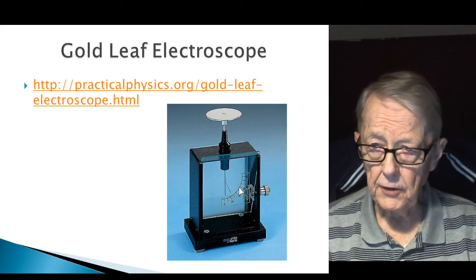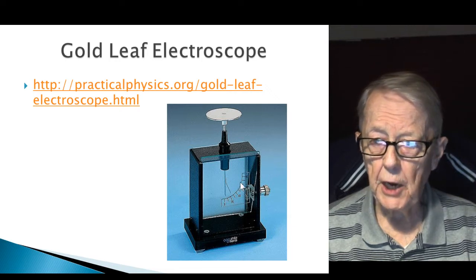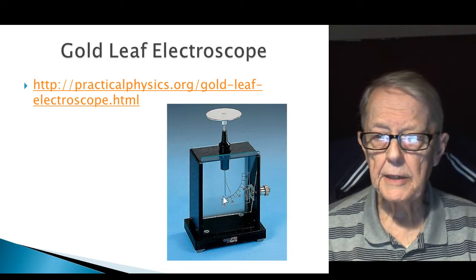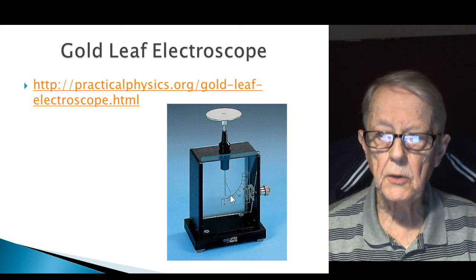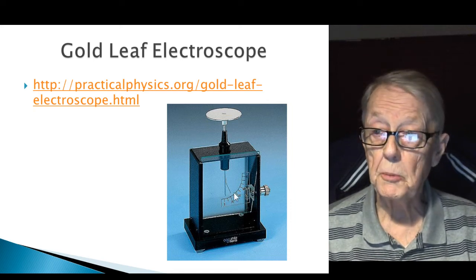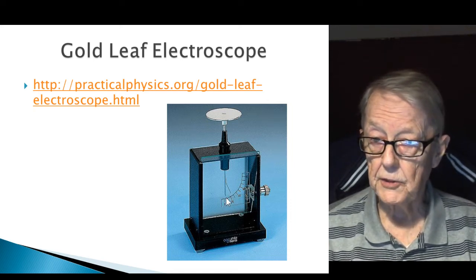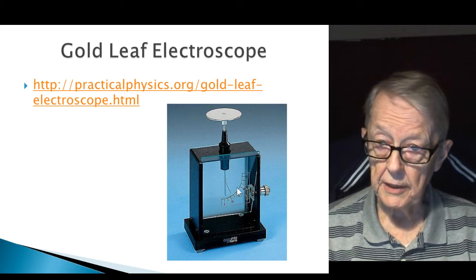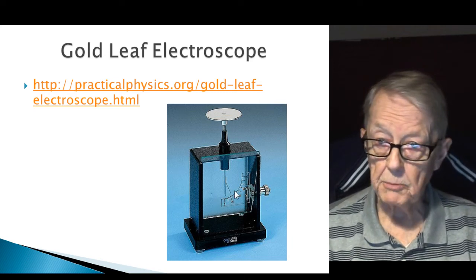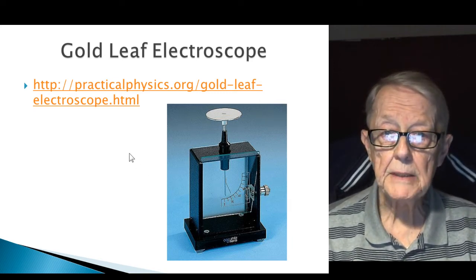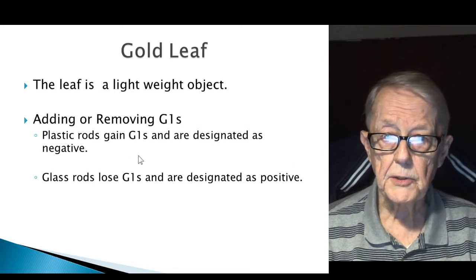And you can sort of gauge how much, but it's not a calibrated scale. You don't know anything with this instrument but the fact that there's some deflection, a little deflection, whether it's momentary or continuous. Gold leaf electroscope.